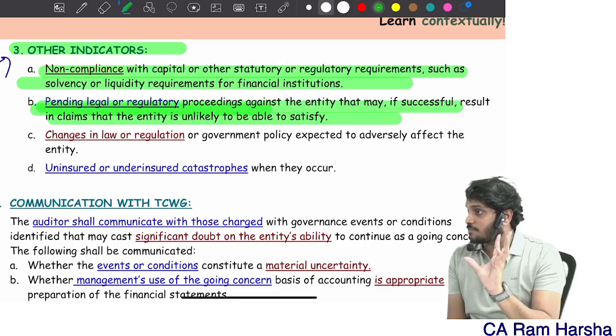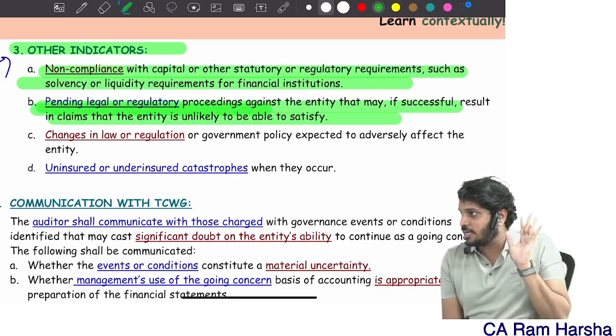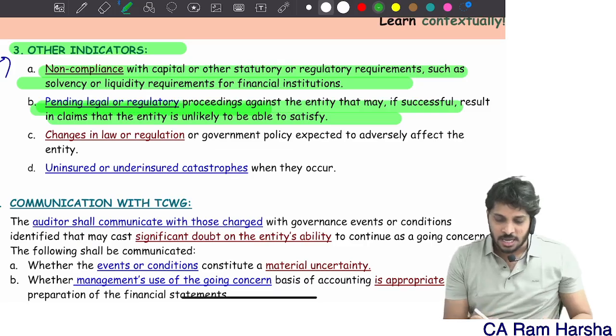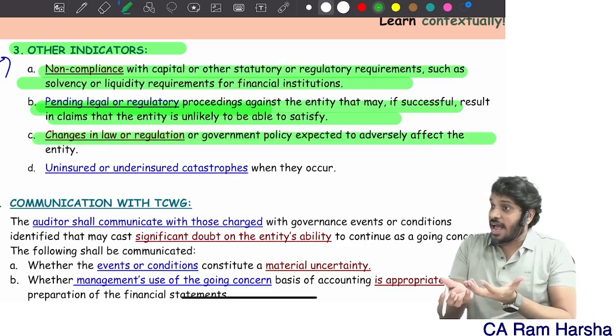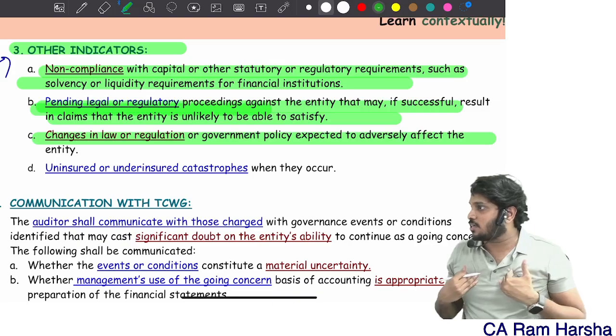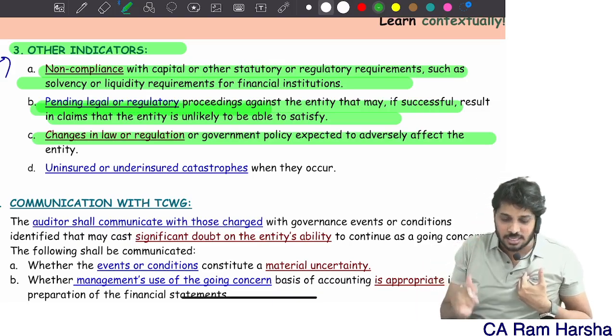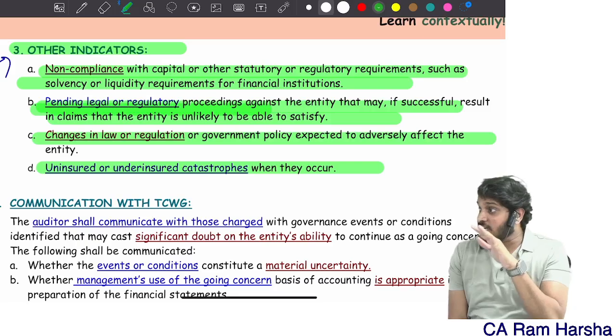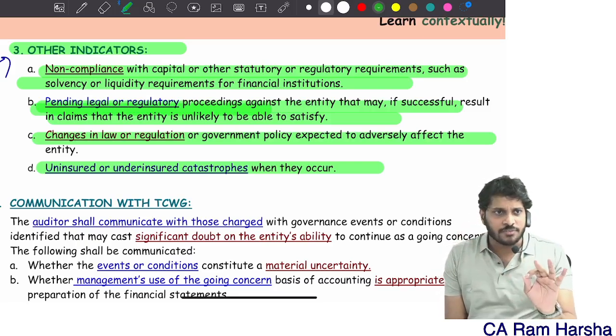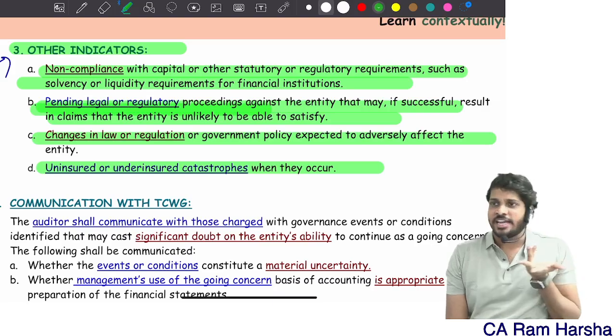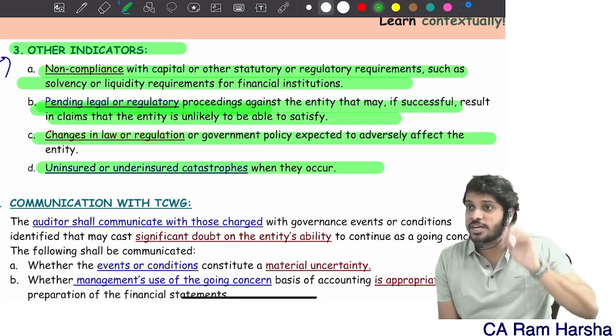Environmental litigations and all will be there. If the company fails in that litigation, they have to close the business. Changes in law that adversely affect the company's business. Uninsured or underinsured catastrophe: some catastrophe occurred, my machineries were destroyed, insurance is not sufficient. Then also going concern will be affected.